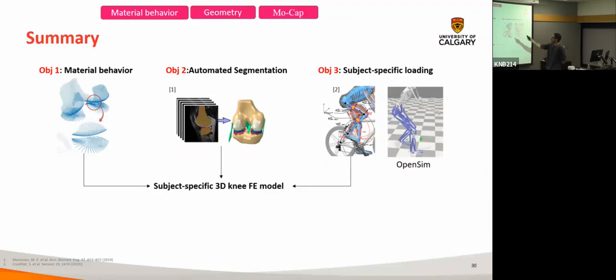Then we automated the process of segmentation for bone and cartilage. In this second step, the time for automated segmentation is 10 minutes compared to 2 hours, compared to 8 hours of manual segmentation.